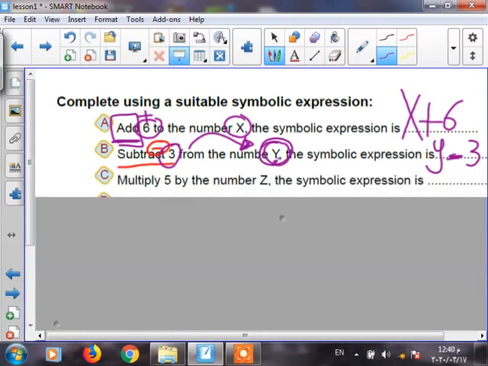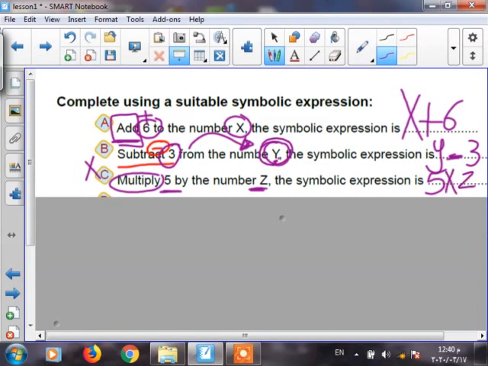The next one, multiply. What is the meaning of this word? Multiply means times. Multiply 5 by the number z. So I have the number 5, and I multiply, meaning times, by the number z.